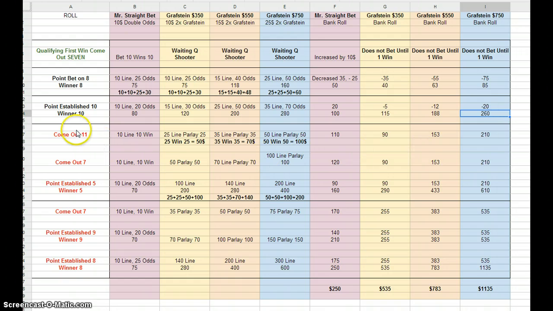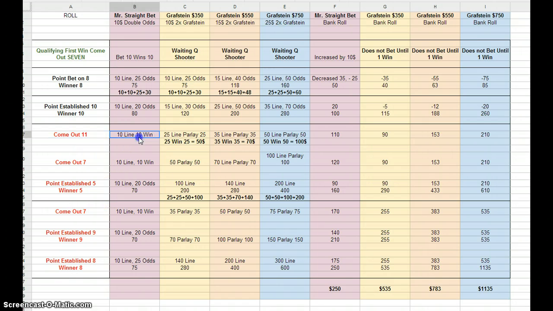Okay, the next 2 sections here are basically what happens when a shooter rolls a come out during the system, and another come out, and then a point. So this is a 3 pass parlay that we run because the shooter rolled a natural.